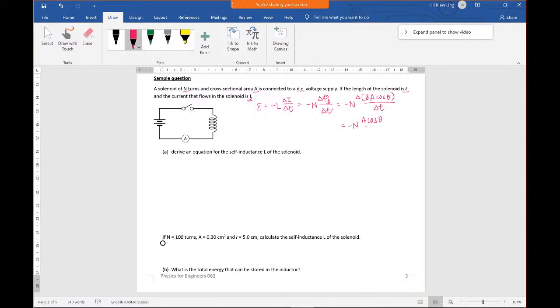So you will get delta B over delta T. This magnetic field is because of your solenoid, right?